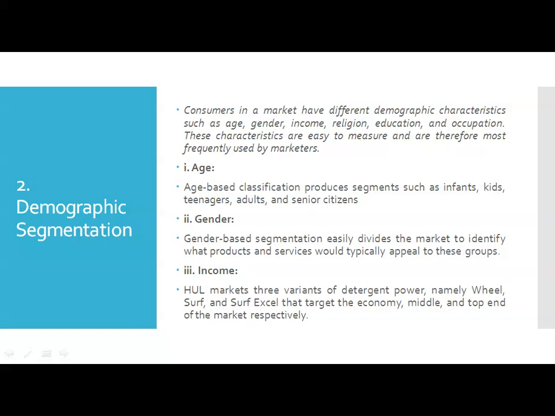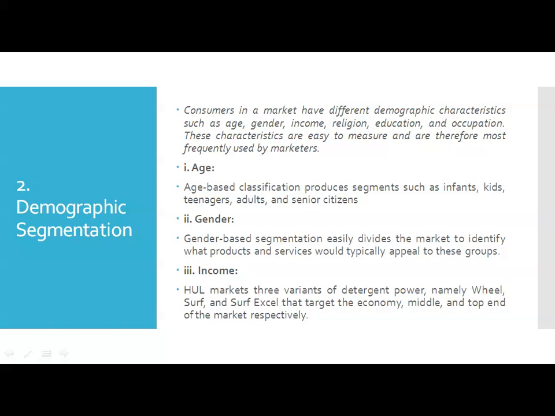For example, jewelry, dolls, beauty products, homemaking products, and hair care products have been conventionally linked with women, whereas products such as toy guns, automobiles, hardware, consumer durables, and shaving creams are connected mostly to men. Gender-based segmentation easily divides the market to identify what products and services would typically appeal to these groups.